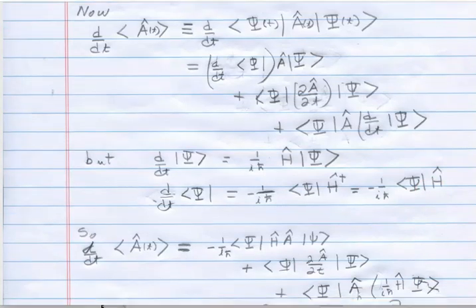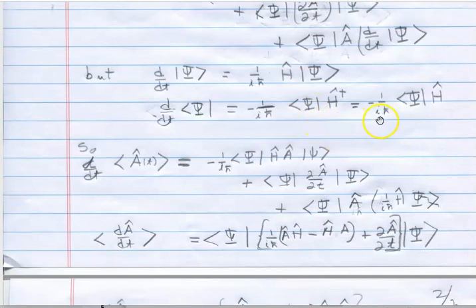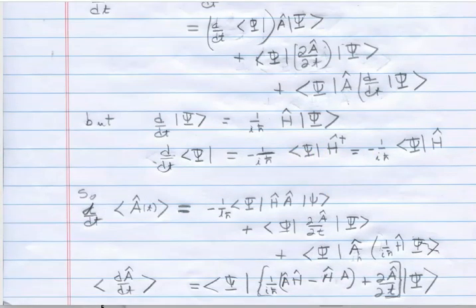And now just plug all those in. Put these two terms in. For this first term here, that term is this one, so I replace it by this quantity here. I replace it by minus 1 over iħ, that's all of this, times psi times H, and then A and psi stay the same.